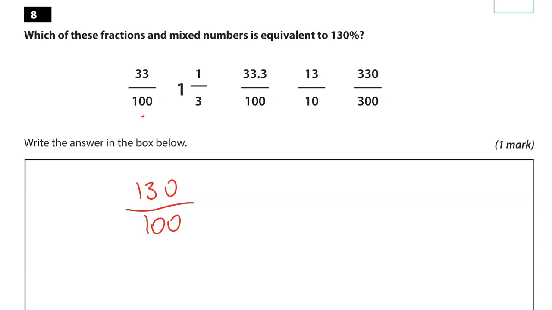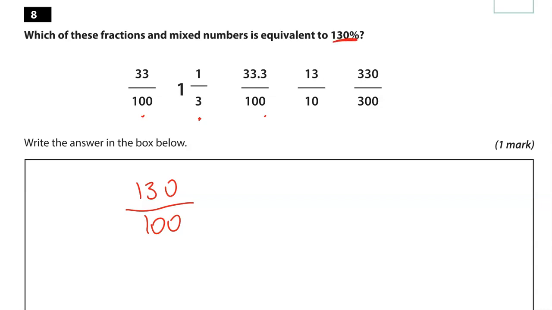It's not 130, so much less. 1 1/3, so that is 100% and 33, so 133 out of 100, which again isn't 130 out of 100. We've got then 33.3 out of 100. Again, that is just like 1/3, nothing like over 100%, which is the case here.